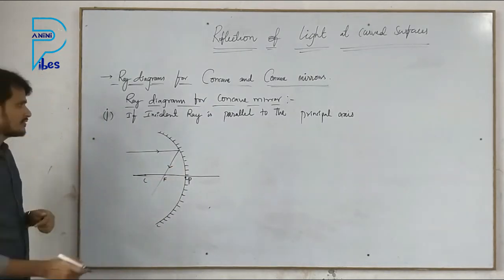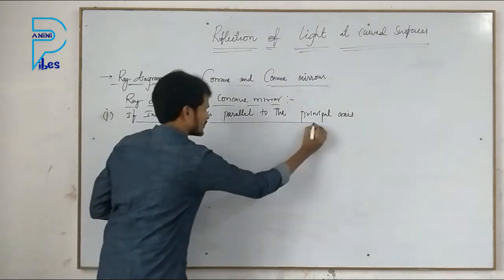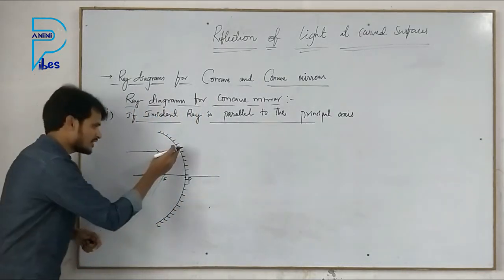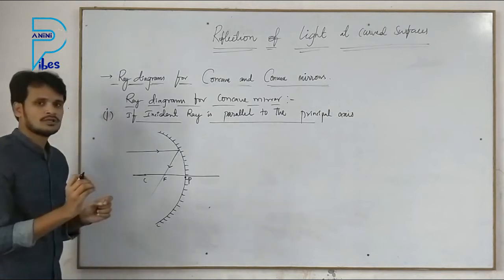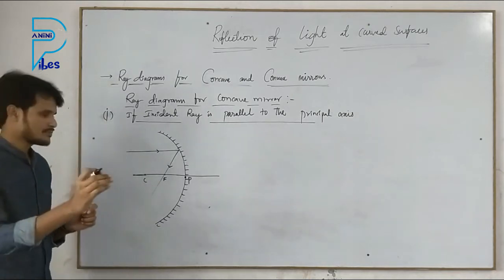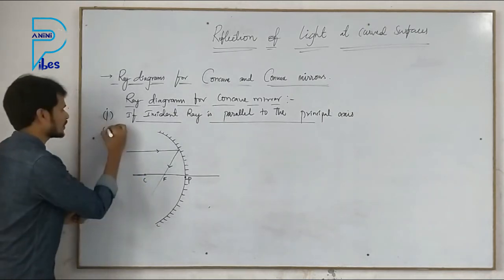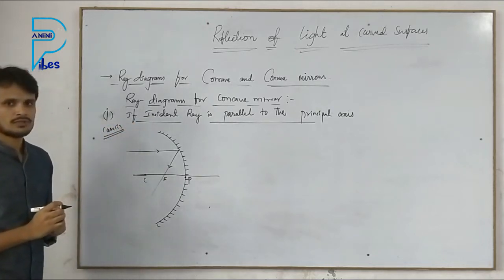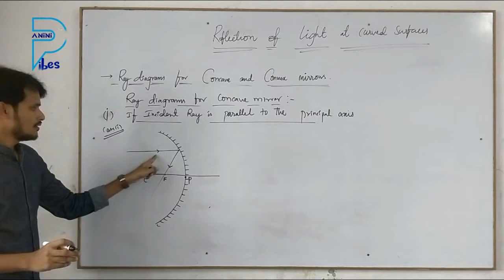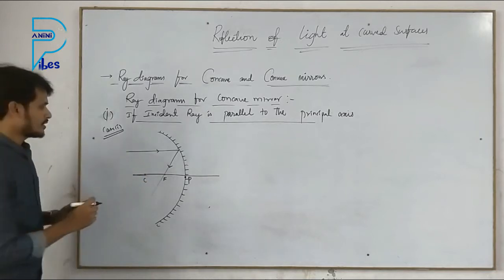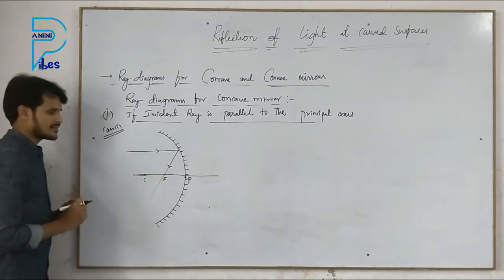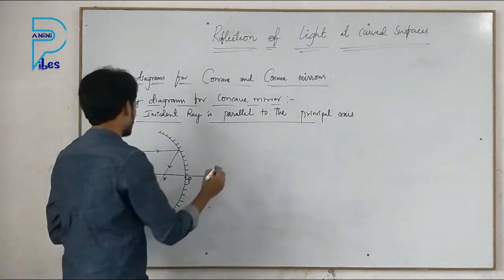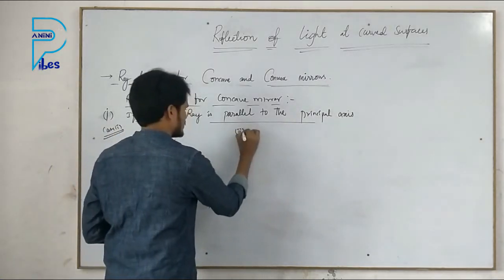So if the incident ray is parallel to the principal axis, the reflected ray passes through the focus. This is case 1. So the first possibility of ray diagrams on a concave mirror: if the incident ray is parallel to the principal axis, the reflected ray passes through the focus.